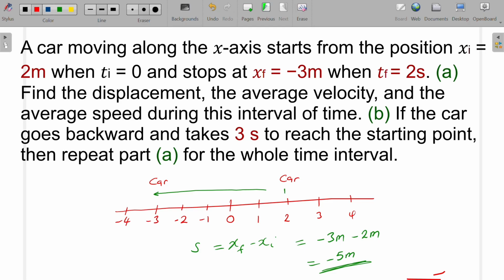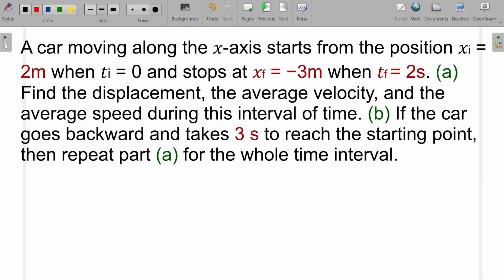So we'll say average velocity is equal to the change in position, that is x final minus x initial, divided by the time, which is t final minus t initial.